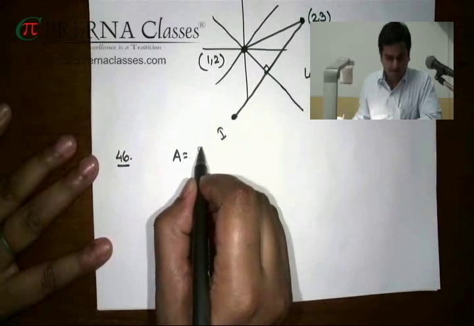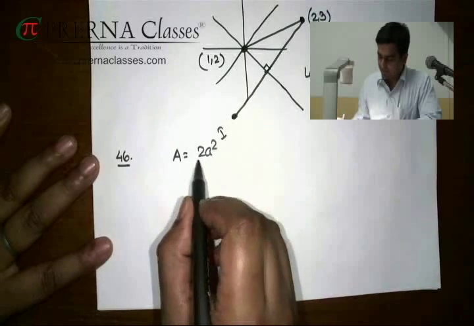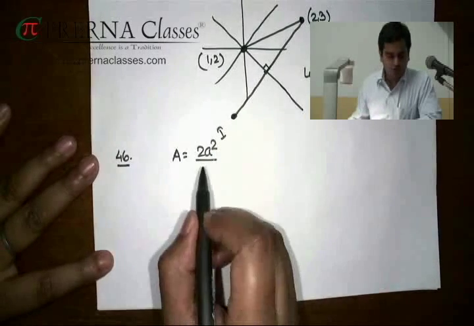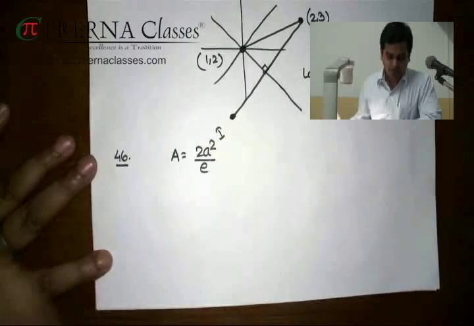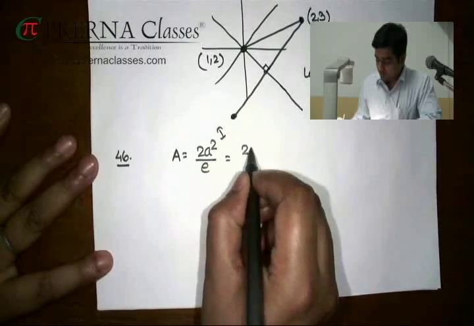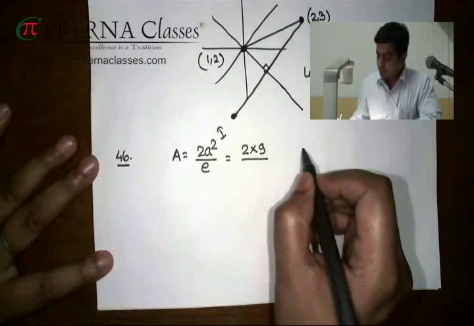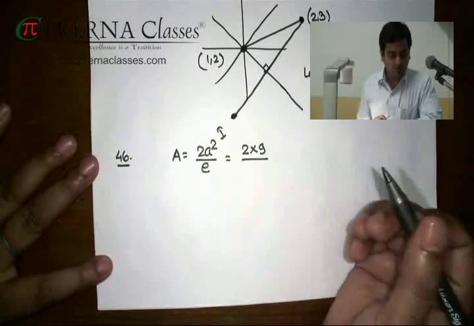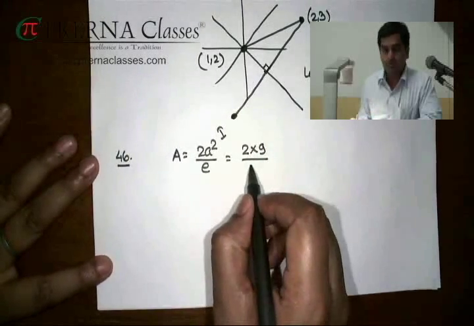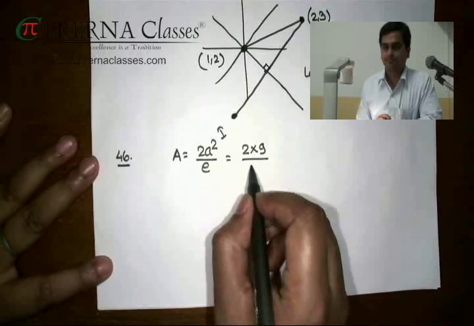Clearly in this case you can check that the a square value is 9 and the eccentricity value using the help of b square as 5, you can check that value turns out to be 2 by 3, which is going to make that area equal to 27, which is matching with option 3 in that problem.